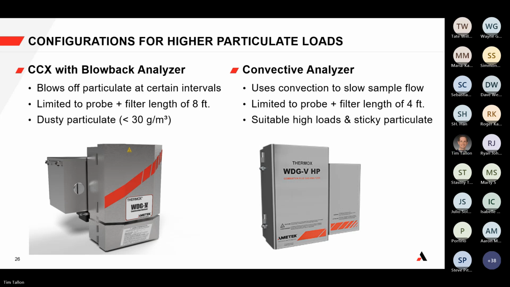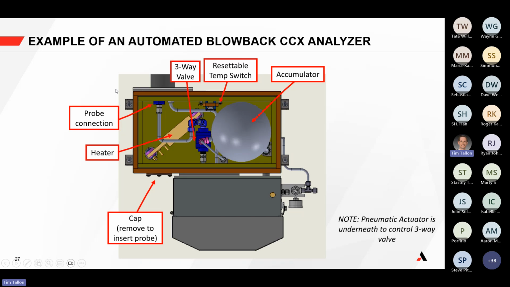So that is limited to probe length, but that is suitable and proven in high particulate applications and sticky applications, and we've seen it even in saturated environments as well. So as I go more into each of these, let's talk about the blowback first.